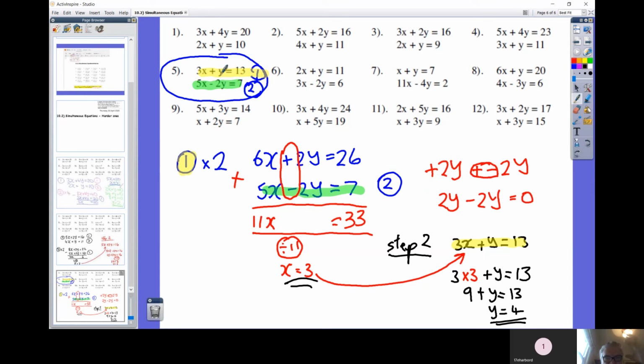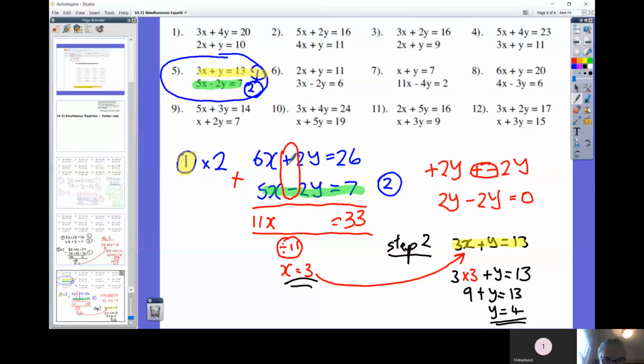So if we double equation 1, doubling this, doubling this, doubling this, we get 6x plus 2y equaling 26. I've just doubled each of the 3 terms. Now, I've then brought down underneath it the second equation, the one I've marked in green, 5x minus 2y equaling 7.